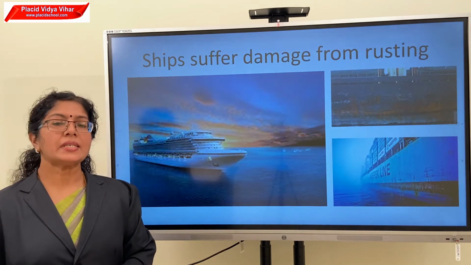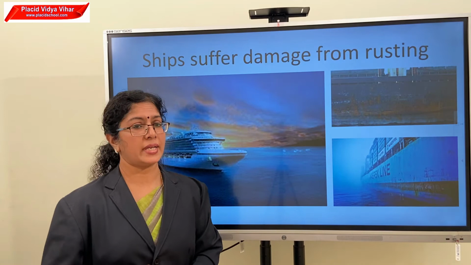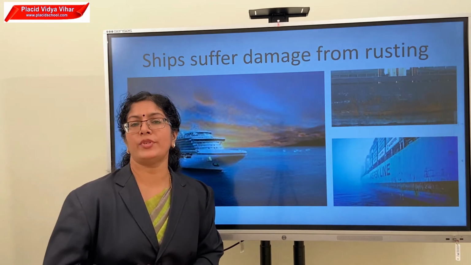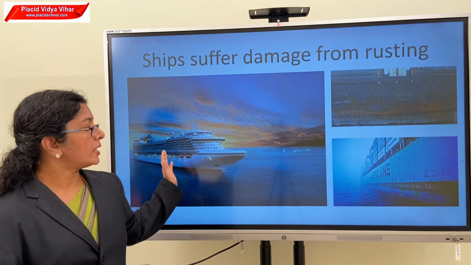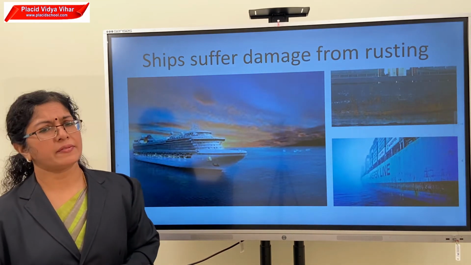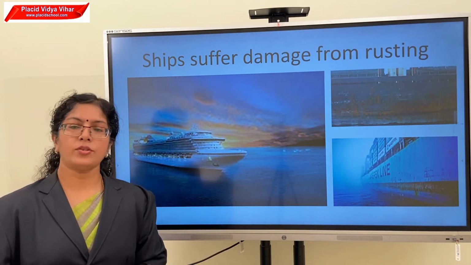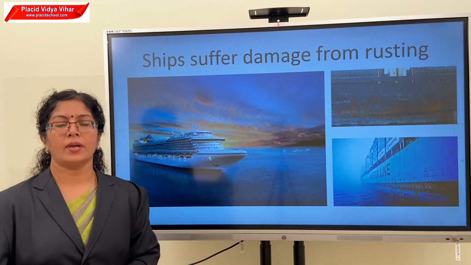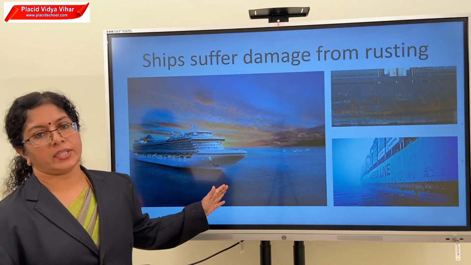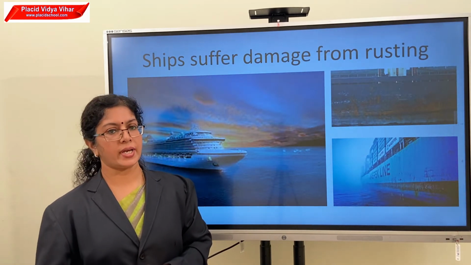We have been painting, greasing or galvanizing objects to protect them from rusting. Still, a ship made of iron suffers a lot due to rusting because it always comes in contact with water; it cannot avoid it. All the more, seawater contains a number of salts dissolved in it.